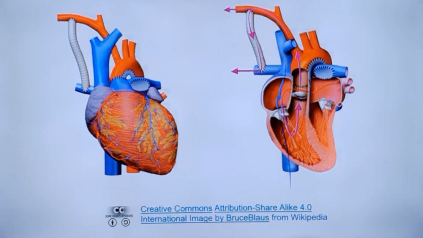This is a diagrammatic representation of Norwood procedure. As the aorta is small in hypoplastic left heart syndrome, proximal portion of the pulmonary artery is taken, and along with the valve, it is used to reconstruct the proximal aorta, this region, and it is connected to the right ventricle.